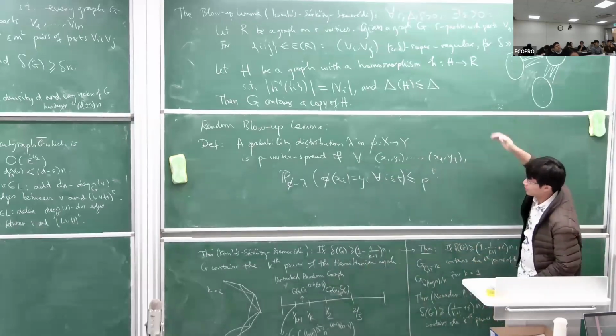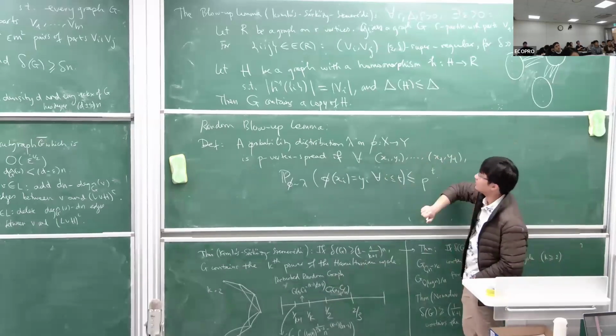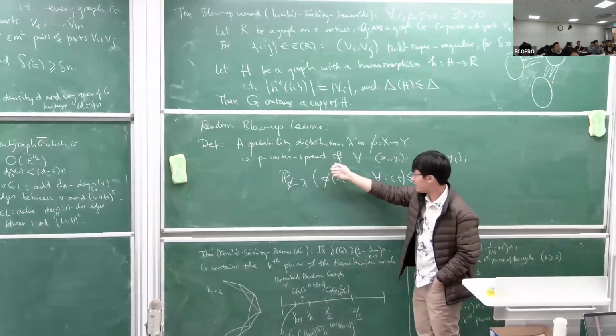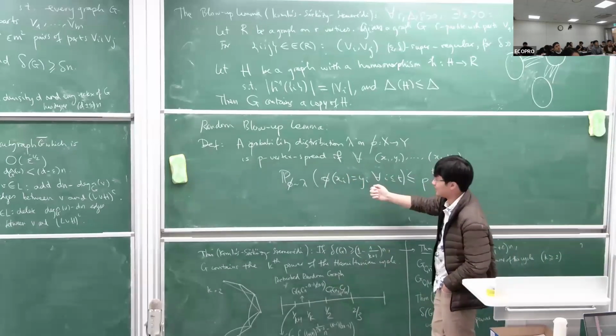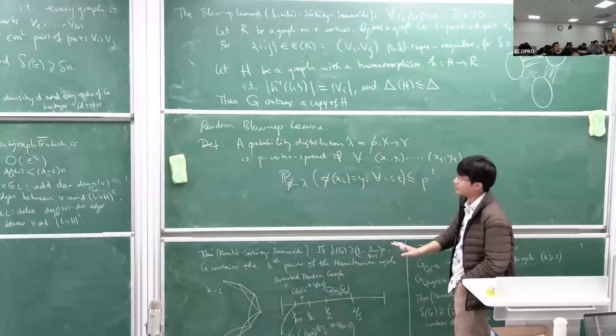Because we usually think about graph embedding, and this is spreadness at the level of the vertex set, we call this the p vertex spread property.